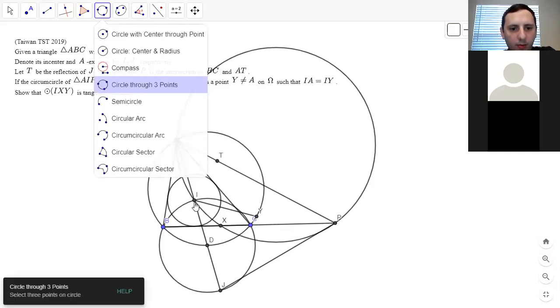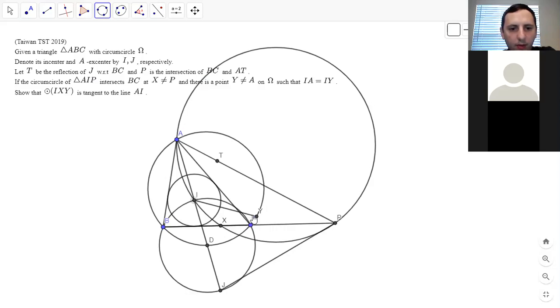For IXY, we want to show that the circle is tangent to AI. That is equivalent to saying that angle YID is equal to some angle. Are triangles AXP and IXY similar? IAP and IXY? AXP and IXY. Let's see.